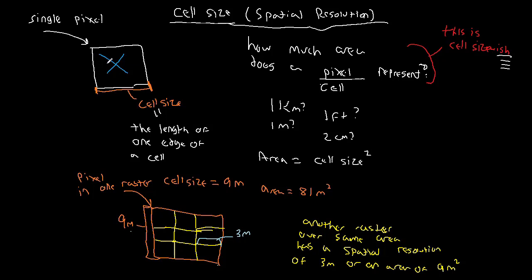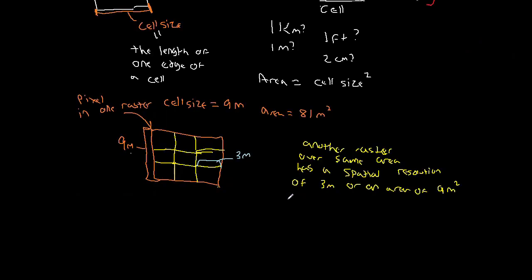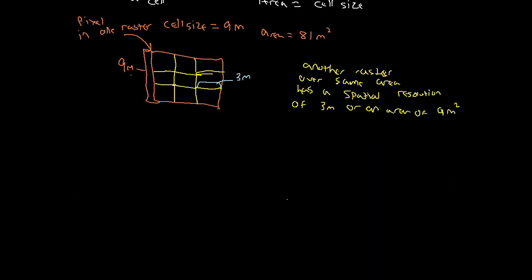If we have a 9 meter pixel size, we're assuming that all of these smaller pixels are the same value. Let me elucidate this a little bit further. Let's actually put some values in here.